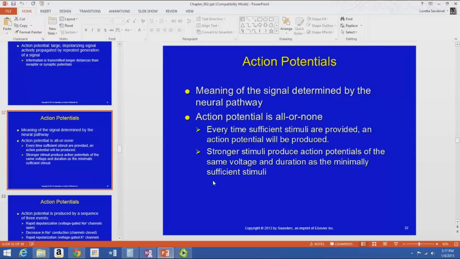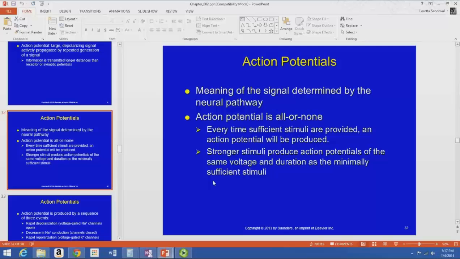If that makes sense. So we talk about the action potential as being all or none, meaning either the neuron fires or it doesn't. So every time you have a sufficient stimulus to reach that threshold, an action potential is generated.